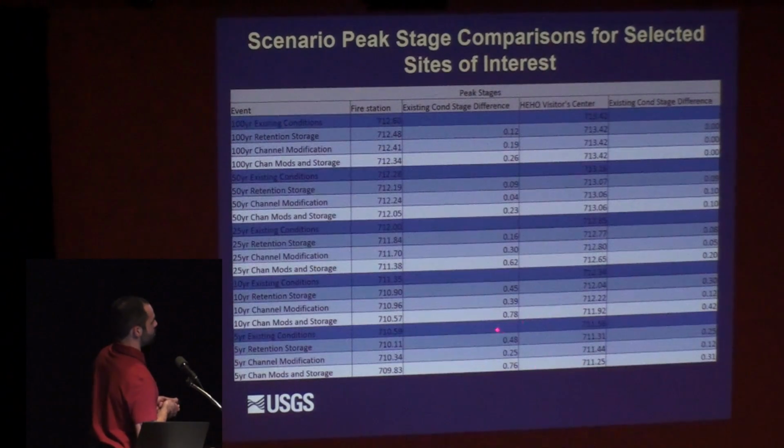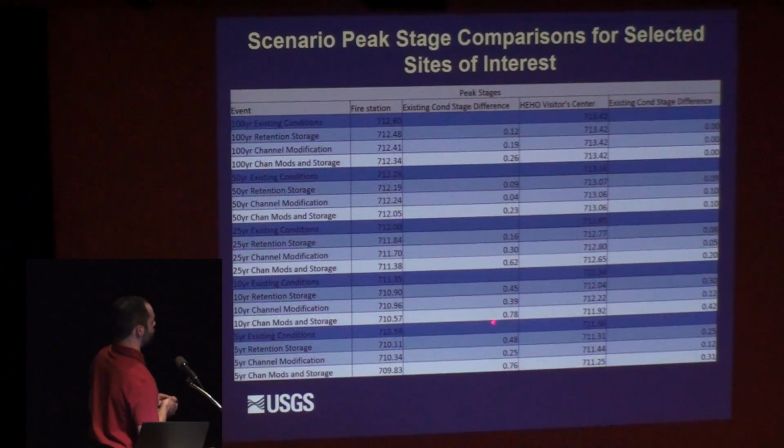And then this is just showing the change in water elevations for two different locations in the watershed that I picked. This is the visitor center for the park, which is located near this Downey St Bridge, and then also a fire station that's located near the railroad embankment. So as you can see, it has great effect on the smaller storm events.